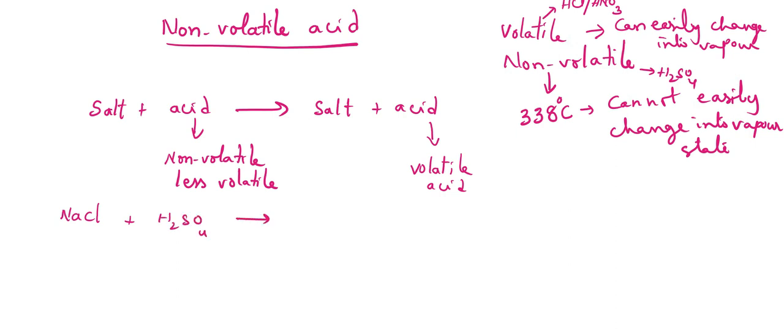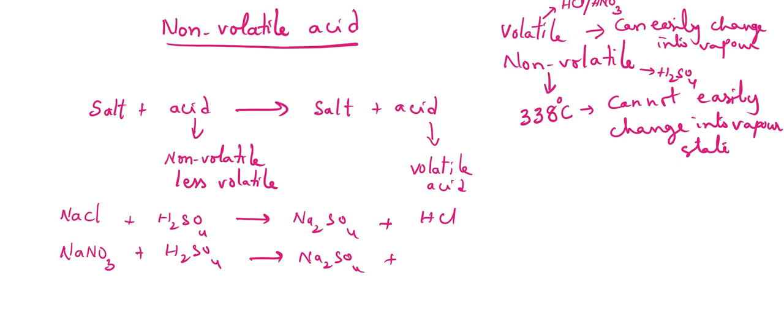You will get sodium sulfate plus HCl. Similarly, to get nitric acid, you take a nitrate salt, sodium nitrate, plus concentrated sulfuric acid. You will get sodium sulfate plus nitric acid.